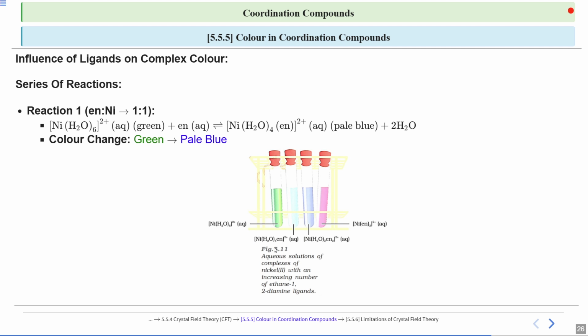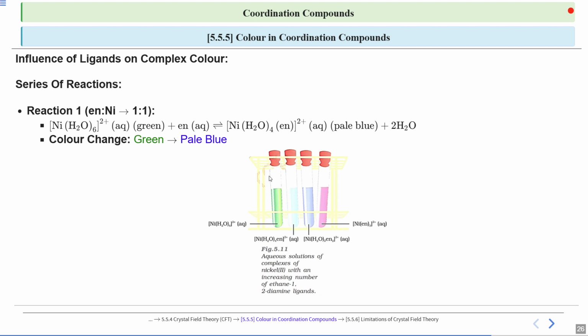This is figure 5.11, which shows the aqueous solutions of complexes of nickel 2+ with an increasing number of ethane 1,2 diamine ligands. With no ethane 1,2 diamine ligand, the complex shows green color. If you add one ethane 1,2 diamine, it replaces some of the water molecules already present, and the color changes to pale blue for Ni(H2O)4(en).